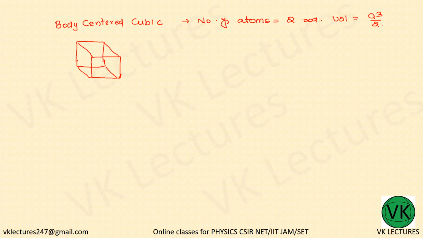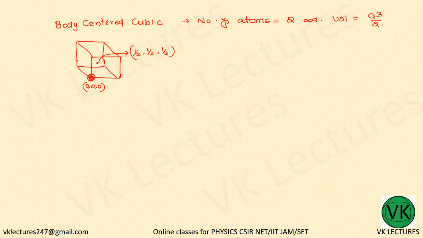So one end you have the atom, and another atom would be at the center. So if you consider this as the origin, which is 0, 0 and 0, this point corresponds to 1 by 2, 1 by 2 and 1 by 2.